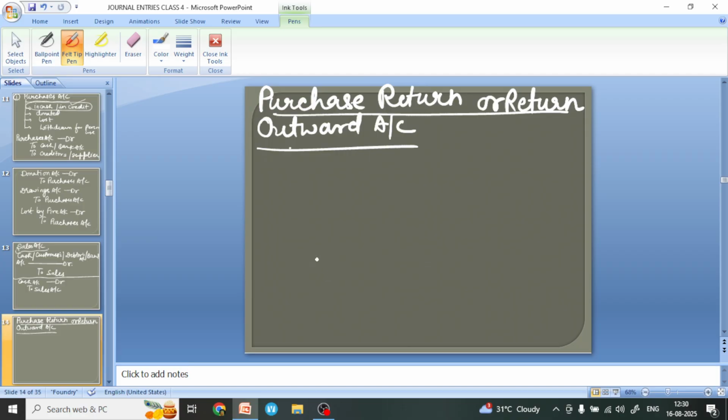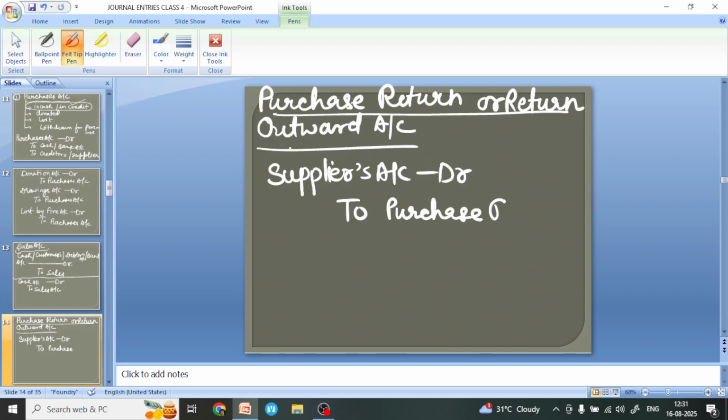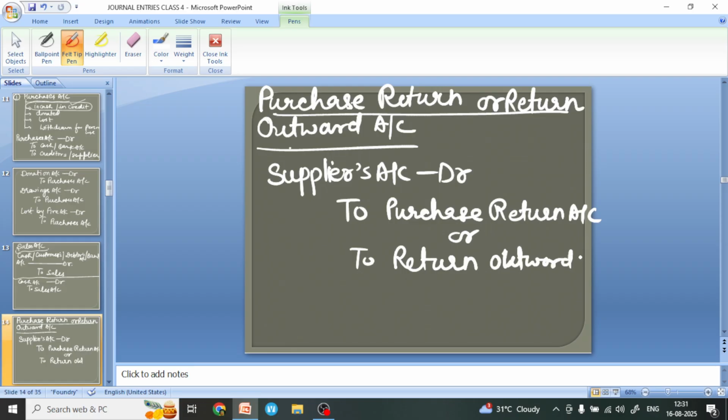And entry will be supplier's account debit, meaning here we will write the supplier's name, to return outward, or you can write purchase return account, or return outward account.